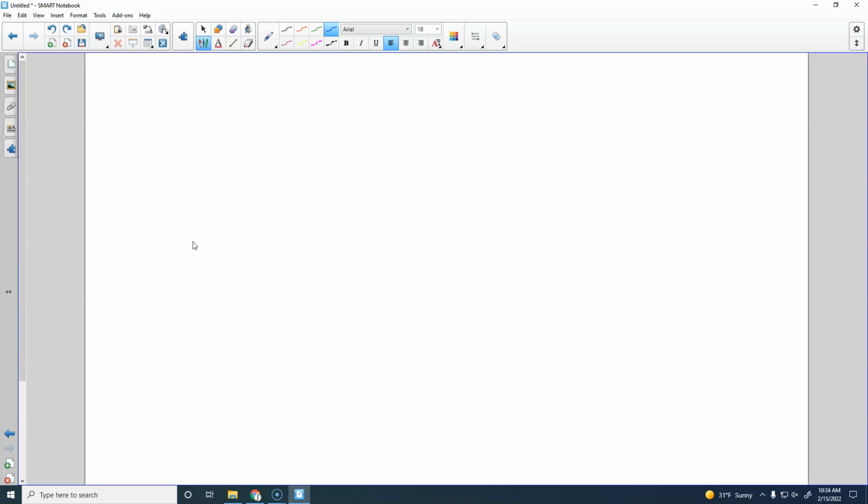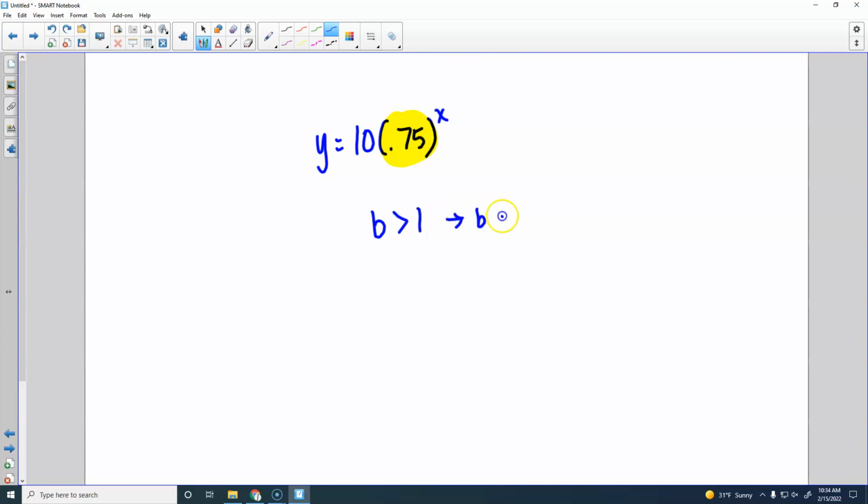So whenever you have an equation, like for that first one, it is y equals 10 times 0.75 to the x power. Growth or decay, you are looking at this number right here. If this number, your b value, right, we've been calling that the b value, if b is greater than 1, you have growth.